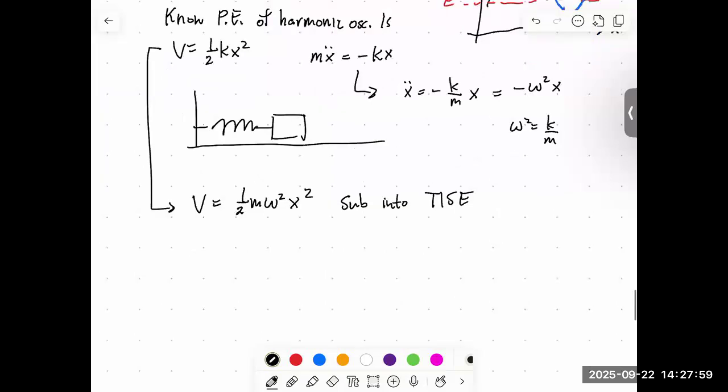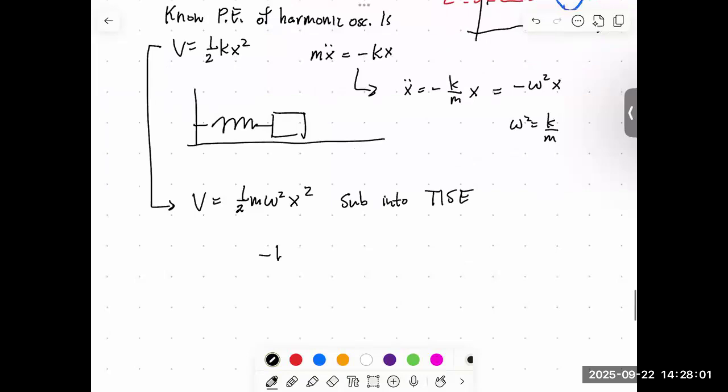Okay, so when we do that, minus h bar squared over 2m d2 psi dx2 plus V of x. V of x is 1/2 m omega squared x squared, and then we have to multiply by our wave function. That has to be equal to E, which was originally our constant when we did separation of variables, but we now know it's the energy, times psi.